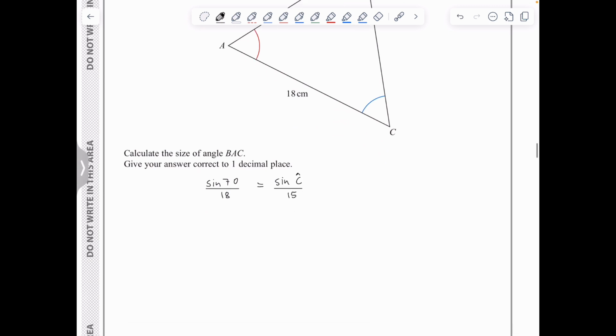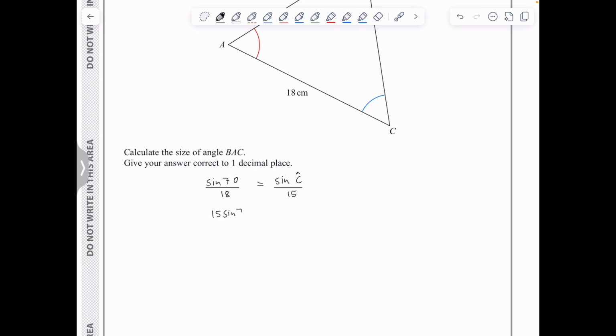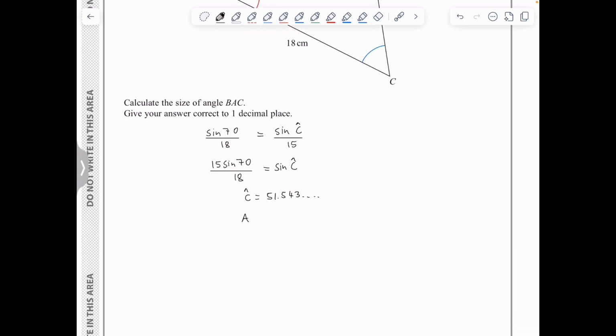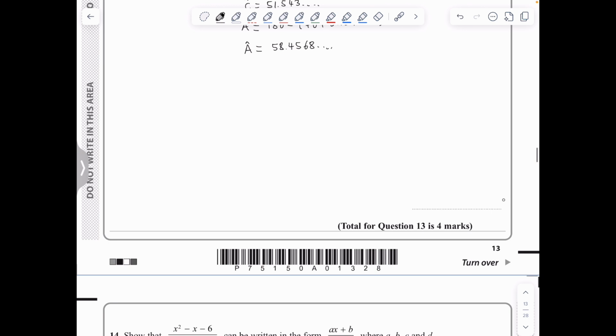So if I cross multiply, I get 15 sine 70 over 18 is equal to sine of C. I will now do shift sine of the left hand side, which gives that the angle C is 51.543 ... and therefore the angle A, which is what we're trying to find here, is 180 minus the 70 plus the 51.543 ... This gives an answer for A of 58.4568 ... which correct to one decimal place is 58.5 degrees.